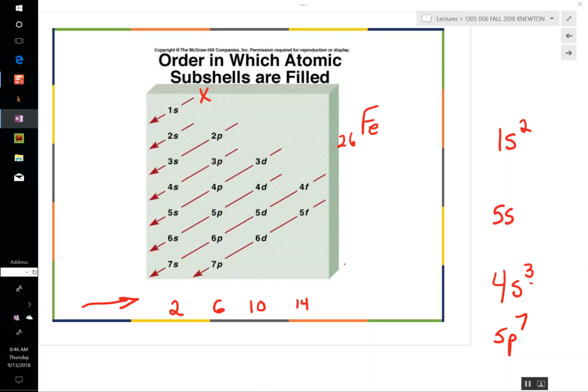But now we've got 9 protons and 10 electrons. The 9 electrons cancel out those 9 protons, and we've got a net charge of -1.